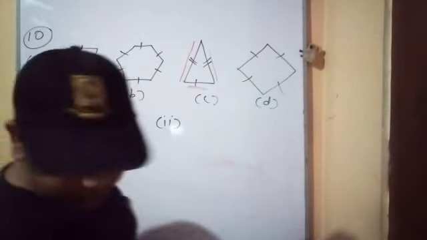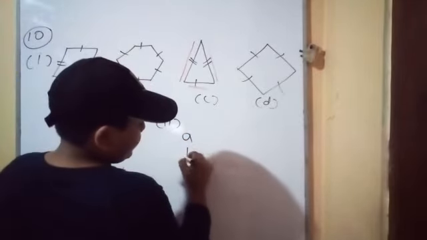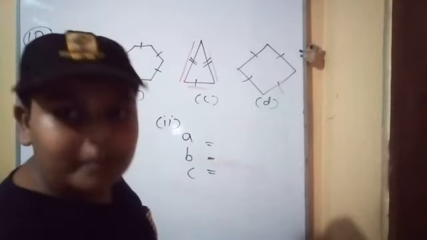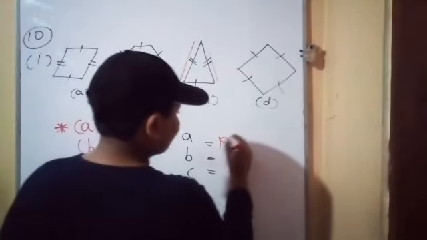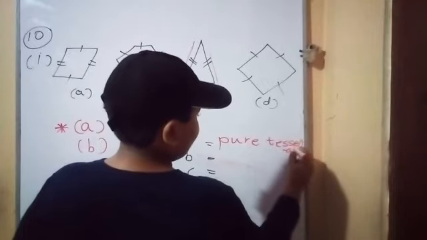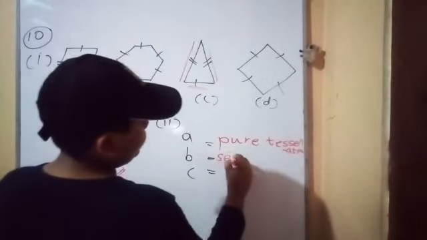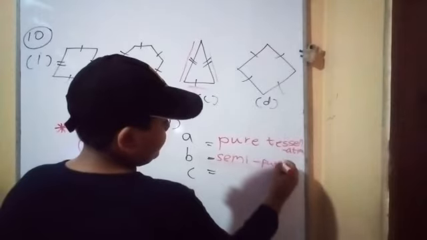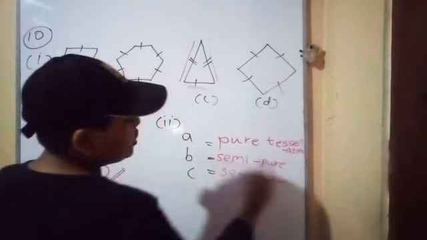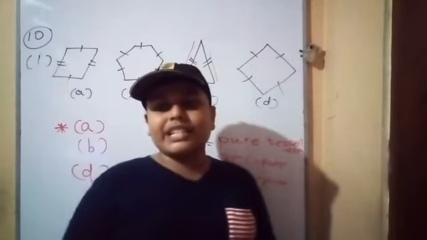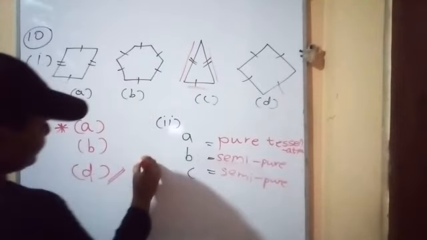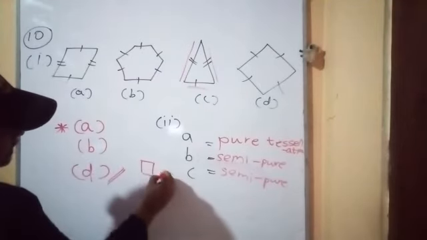So what are A, B, C? A is what? Pure tessellation. You look at that. Pure tessellation. B, semi-pure tessellation. C also semi-pure tessellation. Why? Because in the C figure, you look, they have big squares and small squares also.